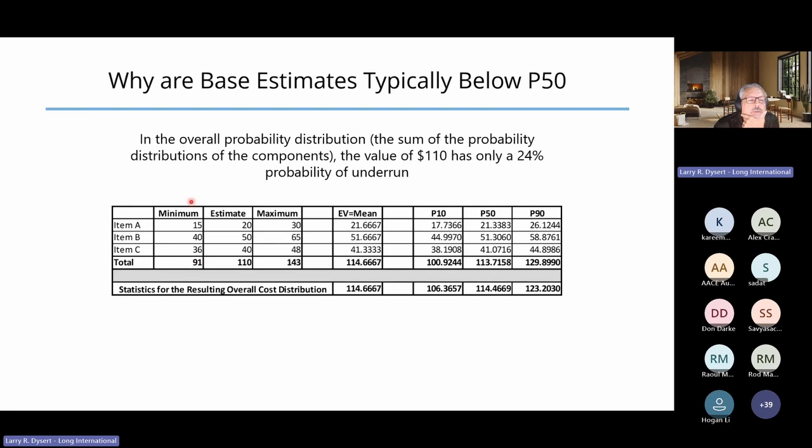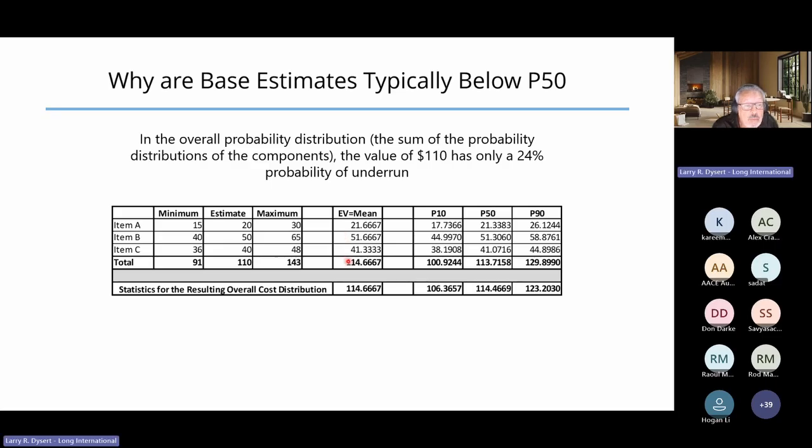So here are those 3 values. Here's where we added up to the 110. When we look at those triangular distributions, here's the mean value. Instead of 20, the actual mean value of that distribution for item A is 21.7. The mean value for item B is 51.7.